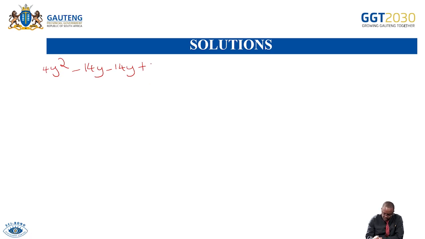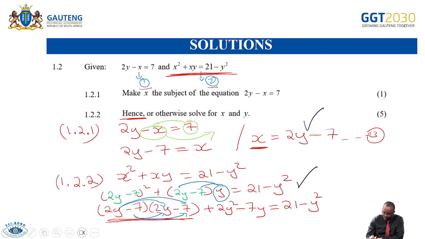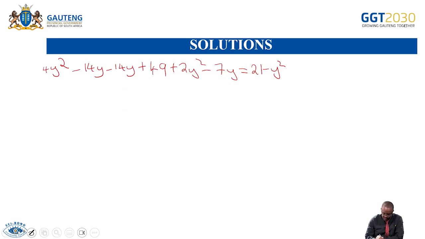It means we are going to have plus 49 plus 2y squared minus 7y is equal to 21 minus y squared. So we rewrite everything the way it is there. Then from there, what do we do now?